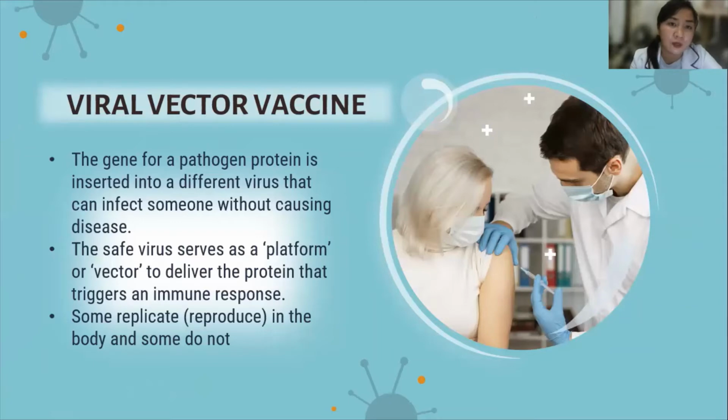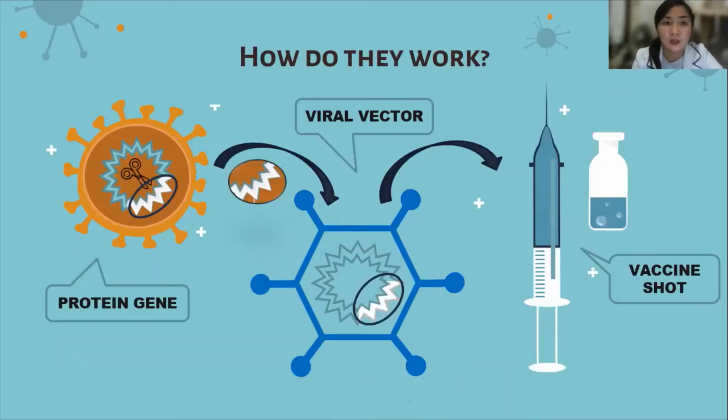The basic idea is that the sequence coding for an antigen is inserted into a different virus, and this virus is attenuated or weakened so that it can infect someone without causing disease. So this virus is safe, and it serves as a platform or vector to deliver the protein antigen. For this type, some vectors replicate in the body and some do not.